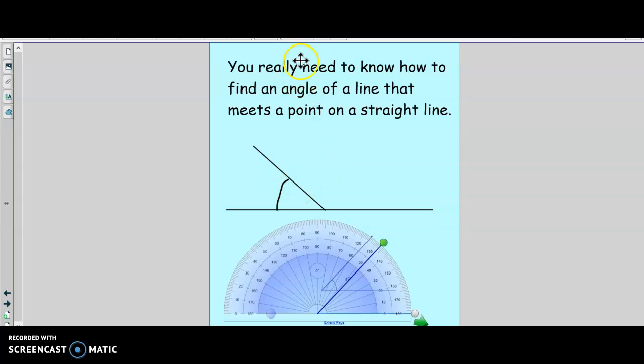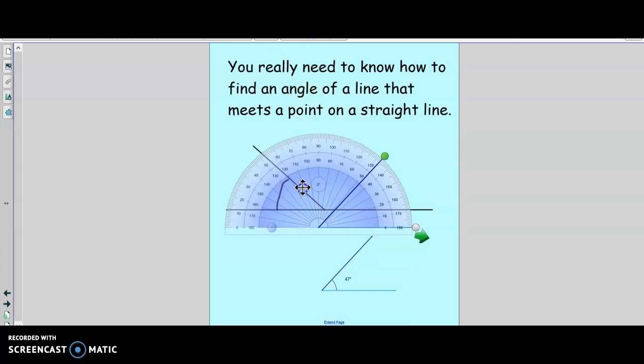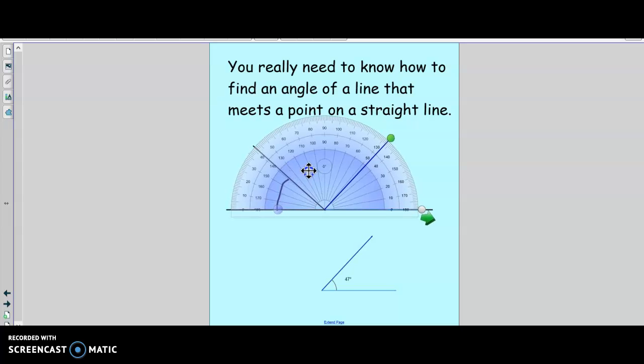And look, when I put the protractor back on, because I'm measuring from the left-hand side, I count from the outside scale. So here's my 0 on the outside, 10, 20, 30, 42 degrees. So that angle measures 42 degrees.